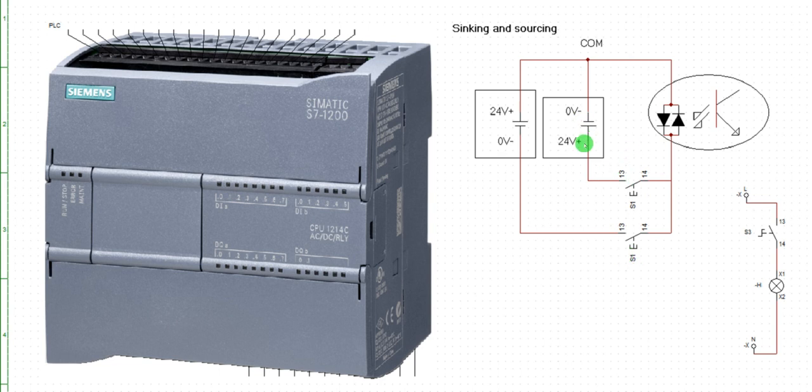Either the connection passes through positive and comes, or it passes through negative and comes. This one passes through positive and a switch to come. This one passes through negative and a switch to come. Whichever connection is carried out by a particular engineer, the CPU will accept it. Because of that, there is a diode here to determine which function is activated.